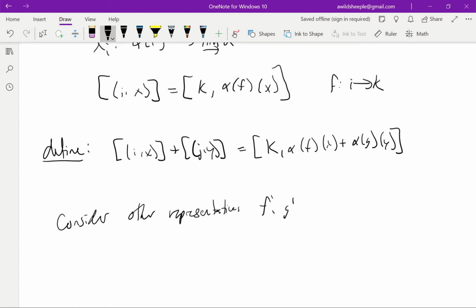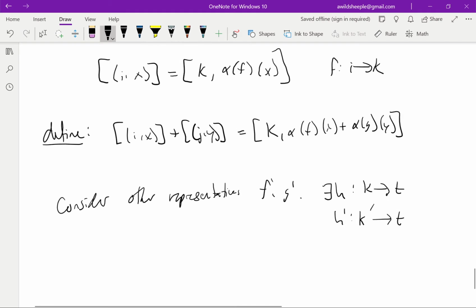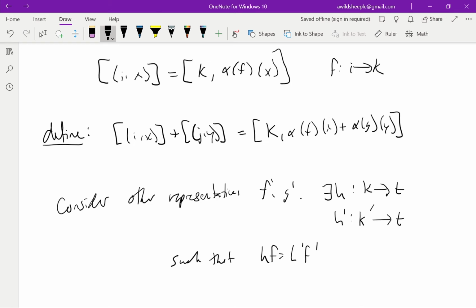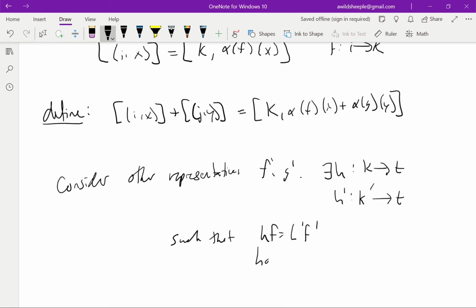Then what we want to do is use what we saw above, namely that there's an h, which is k to t, and an h prime, which will go k prime to t, such that hf equals h prime f prime, and hg is h prime g prime.